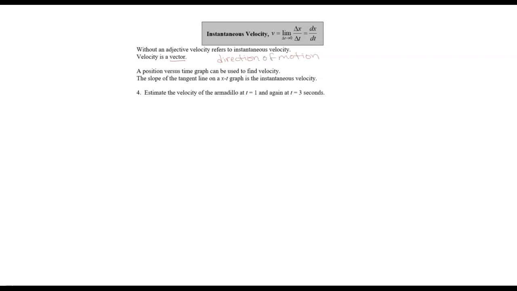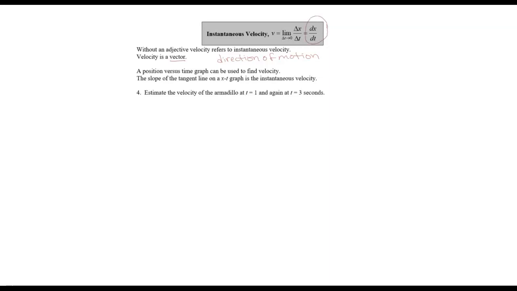So oftentimes what we're doing is we're looking at the average velocity, but we're taking that time interval to be super tiny. And that is what gives us the piece that sets this physics apart, which is that derivative component.